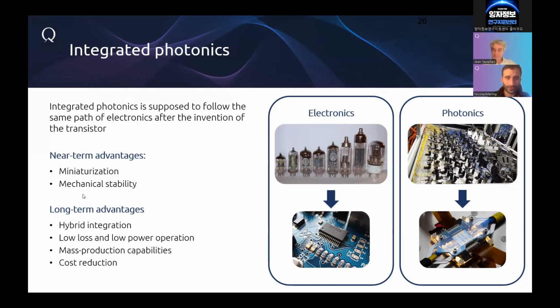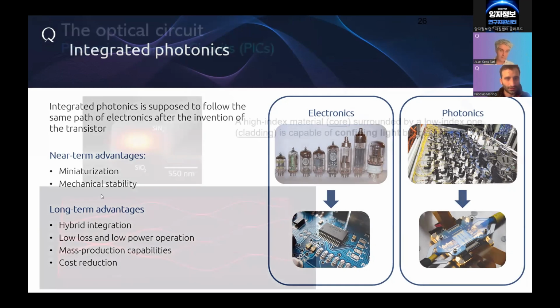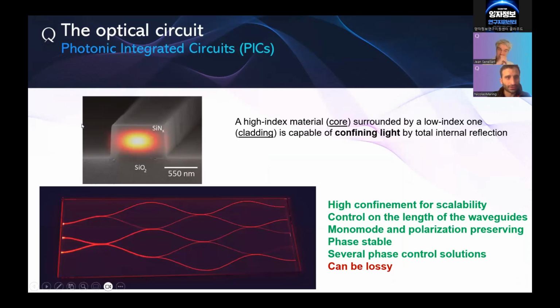It also gives you a very good mechanical stability because everything is compact and monolithic. And in practice, what we use is very small structures in which you control very well the refractive index of the material to confine the light. Here, for example, a silicon nitride waveguide, where you have the simulated optical mode in the middle of the waveguide. And the light can be really confined, and you can really make your circuits super small.